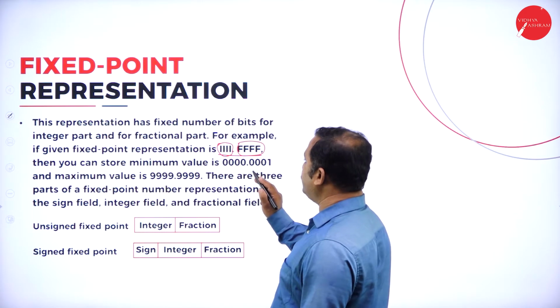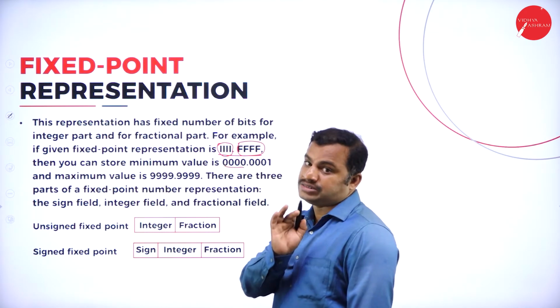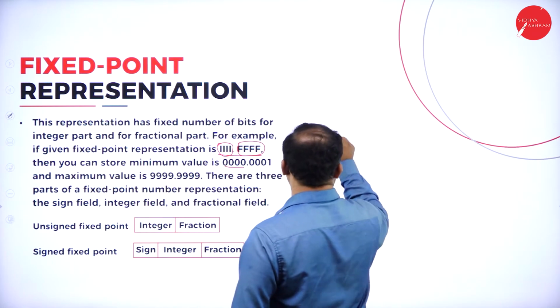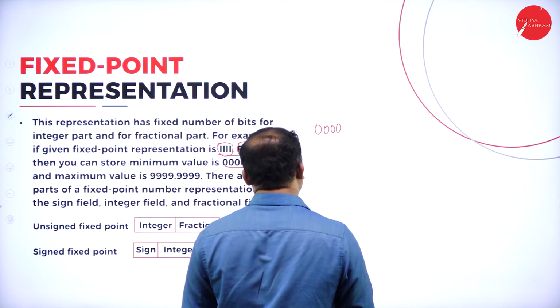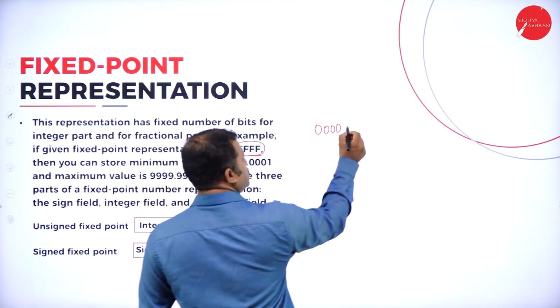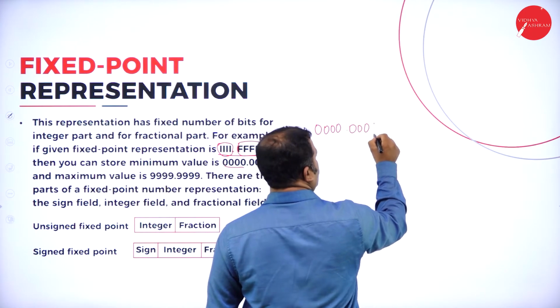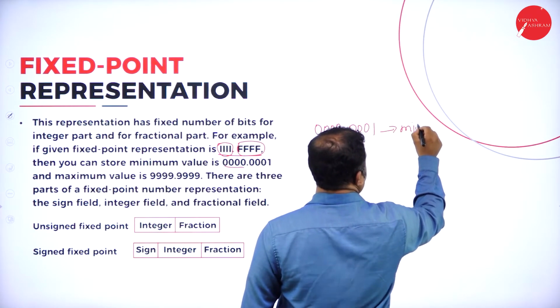The minimum value is 0000.0000, where the point is the decimal point. And the minimum nonzero value I can store here in place of this F is 0001. This is the minimum value I can represent here.